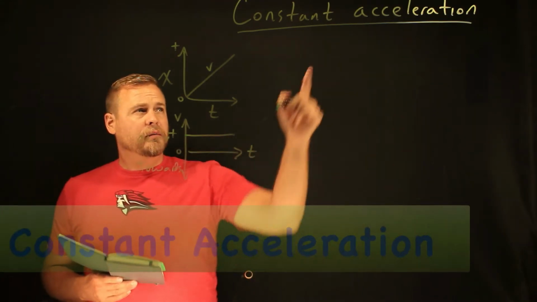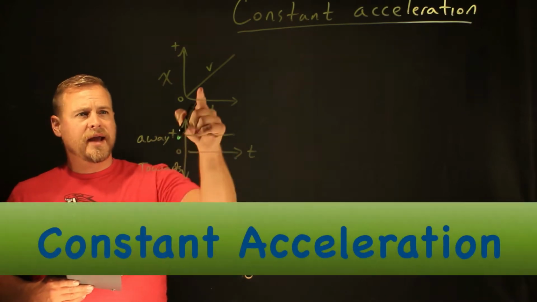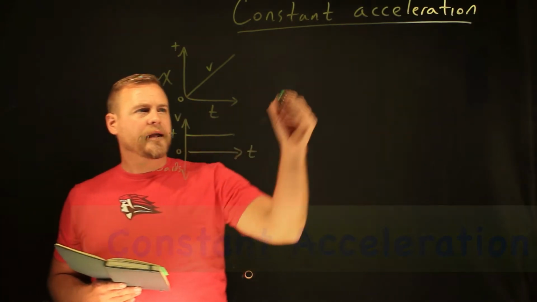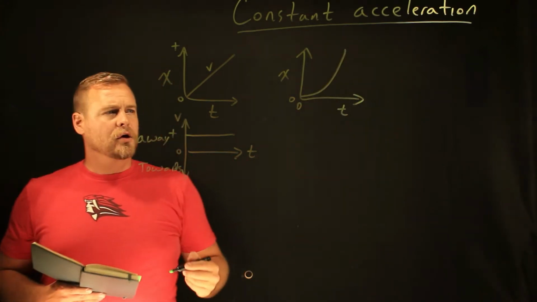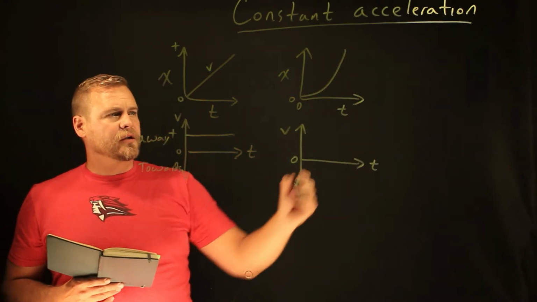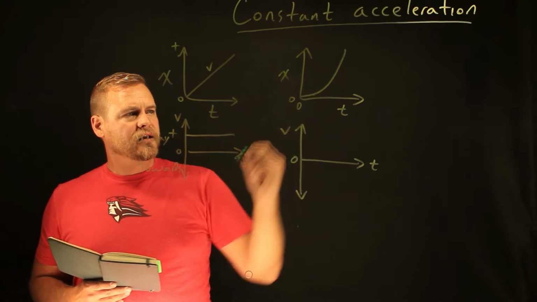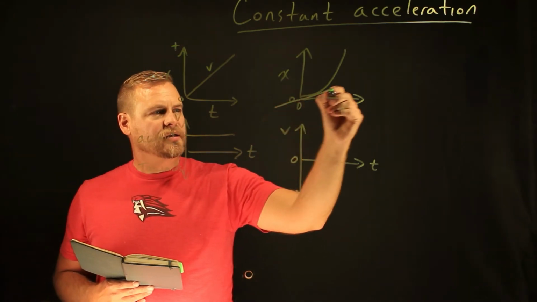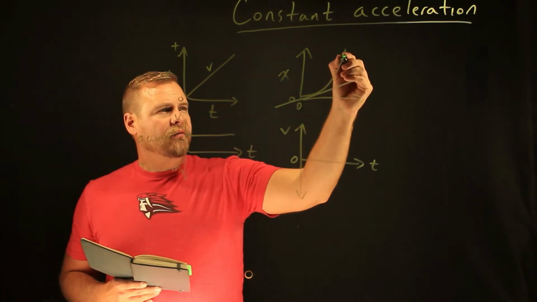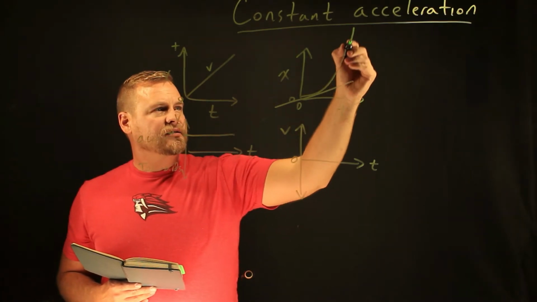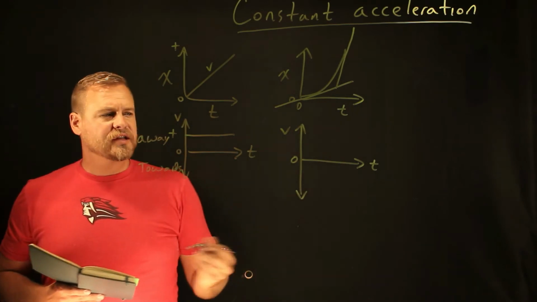Well, today we're talking about constant acceleration. So what happens when that position time graph looks like this? Has a curve to it. Well, what we're seeing here is that if I take the instantaneous velocity at this point, I see that it is positive and relatively small. If I go up further on the graph, I see that it's still positive, but it's much steeper.